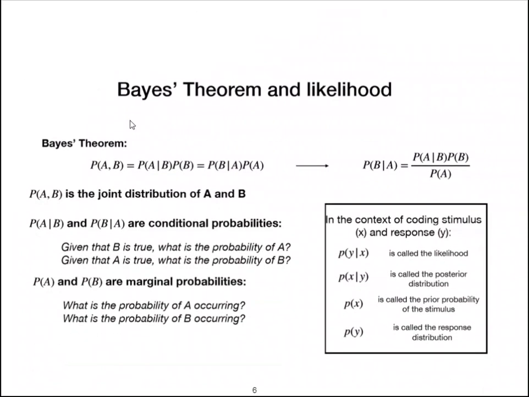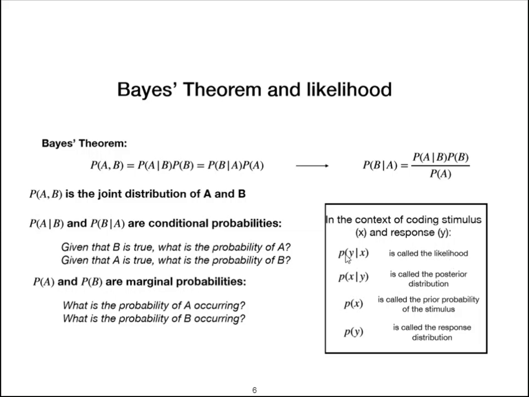Bayes' theorem, simple thing. P(A|B) is the probability of A given B. We define the probability of Y given X as the likelihood, where X and Y are the stimulus and the response.